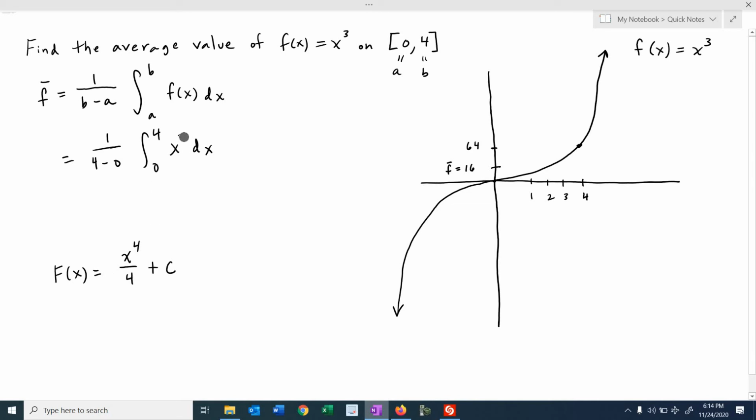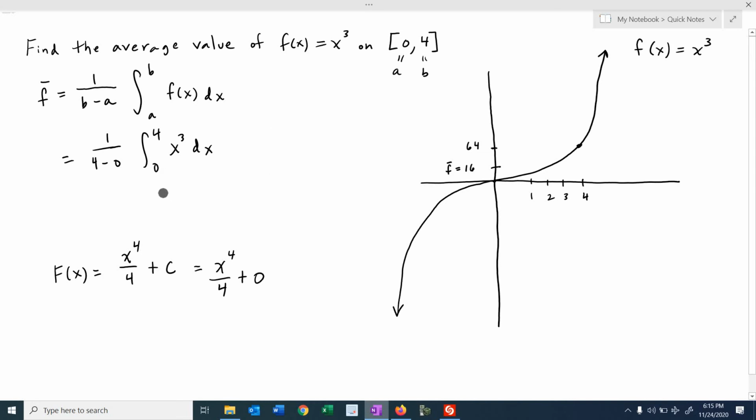Remember, you add 1 to this exponent, and you get x to the fourth, and then you divide by the 4. Then the whole family would include all the possible constants, so plus c. Now, we just need any antiderivative, so we're just going to let c be 0 to make this as easy as possible. So let's use x to the fourth over 4. We just need one antiderivative. That's, again, the easiest one to use.